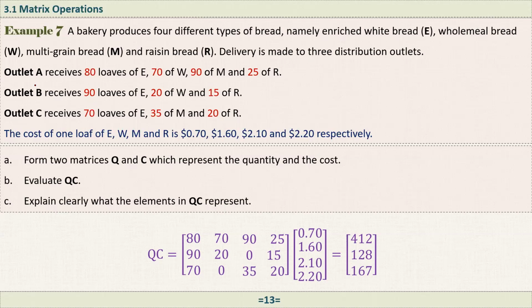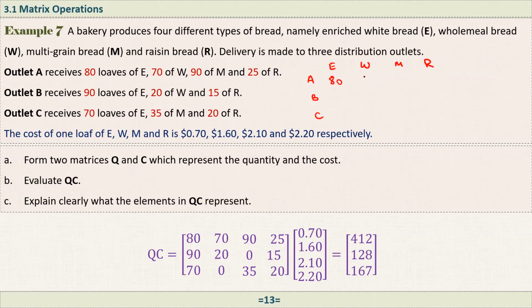Let's say outlet A, B, C. I can just write here outlet A, and here we have outlet B and outlet C. And we are talking about 4 different products, that is E, W, M, R. Let me write here, we have E, W, M, and R. For example, A receives from E how many? 80.